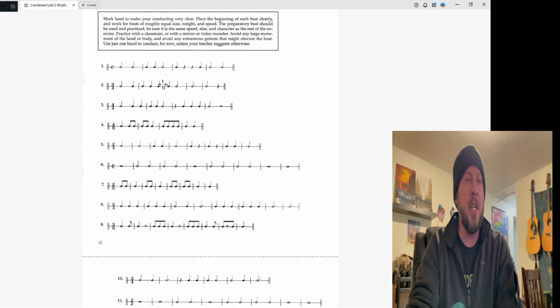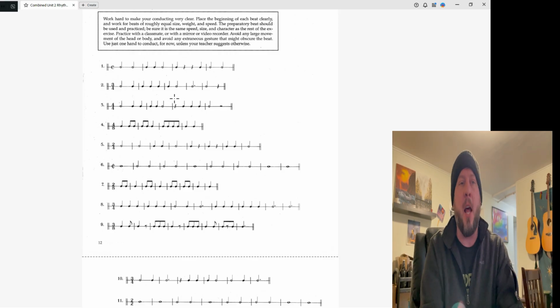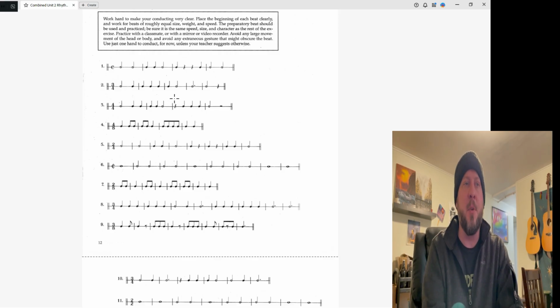Here in this measure, your 1 would go right here, 2 would go underneath this quarter note, and 3 underneath this quarter note. And then you also have this one here. We would have 1 on the quarter note, 2 on the half note, and then 3 would be right here because this half note again is held for 2 beats. If we were to clap it, I'll just give a demonstration.